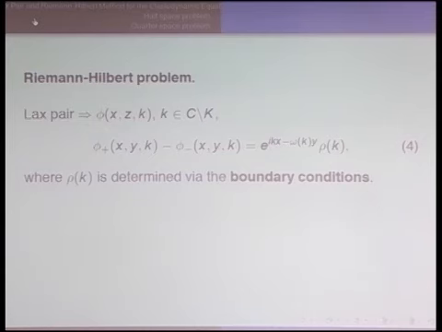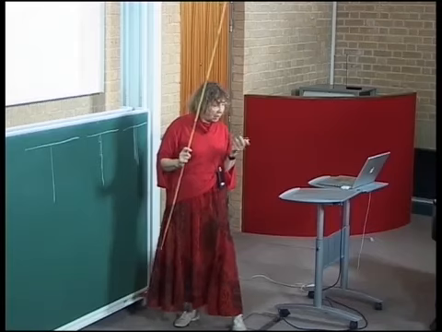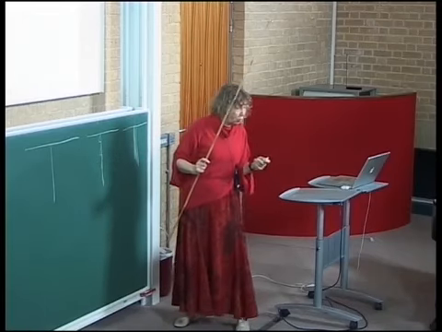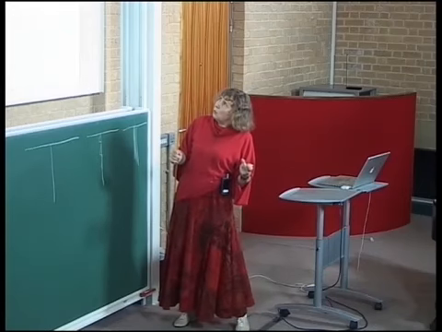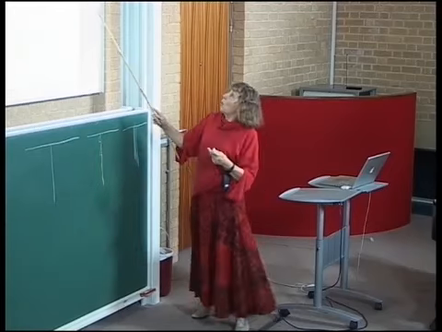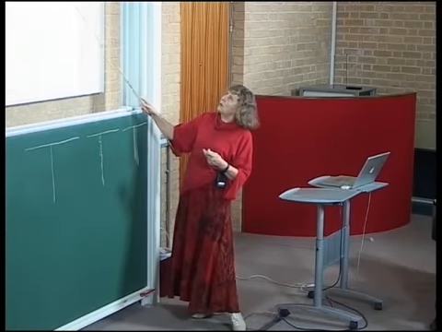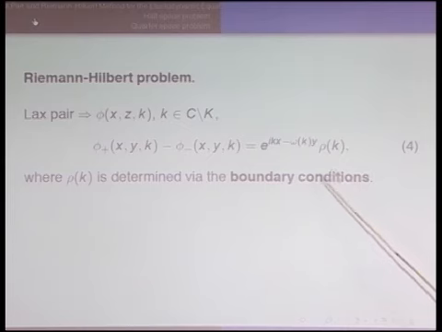And it should hold for all x and y. So we, in particular, can use it for those x and y which are included in the boundary conditions. And in that way, we could hopefully express the jump function rho, which plays in this solution a role of a constant of integration, we might say, in terms of the given boundary data.